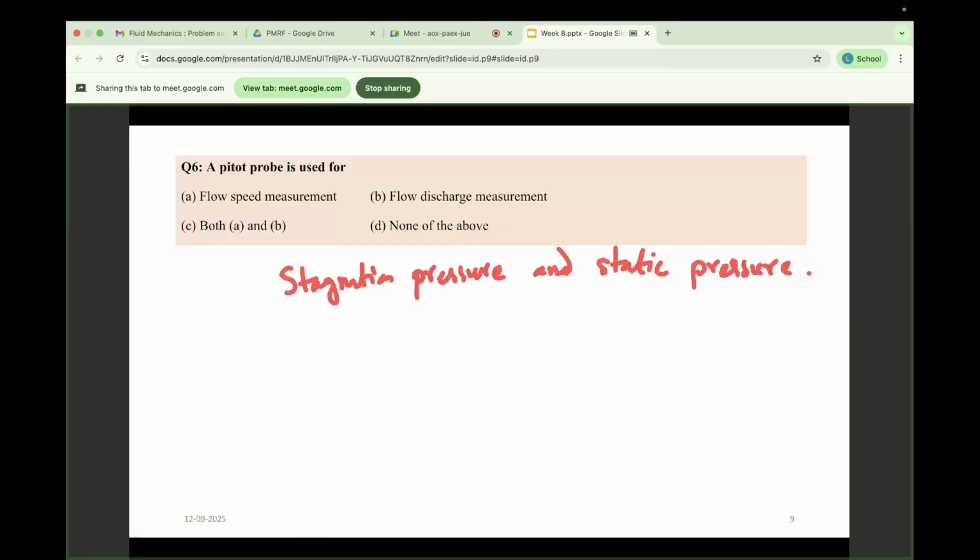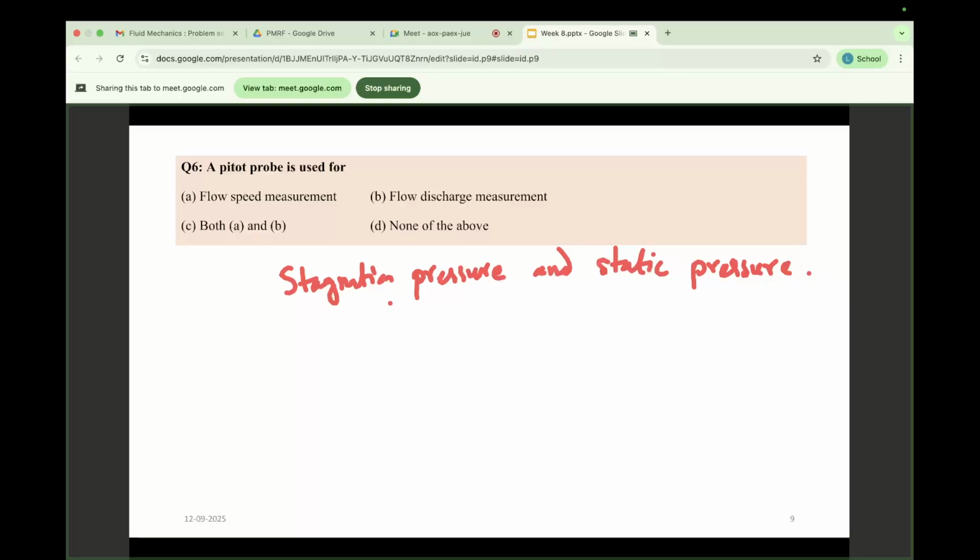So what does this indicate? It indicates the pressure difference between a point which is at rest and a point which is moving. So the difference of these 2 points is known as dynamic pressure.